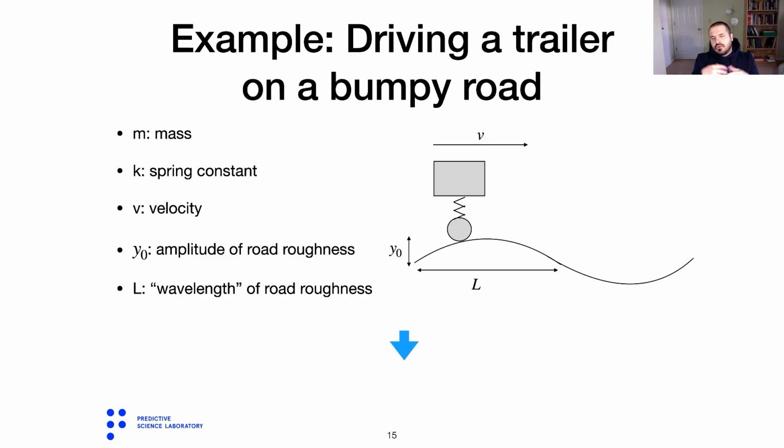Now, if you draw the free body diagram of the trailer and you do a little bit of dynamics, you get the differential equation that describes the oscillations of the spring.